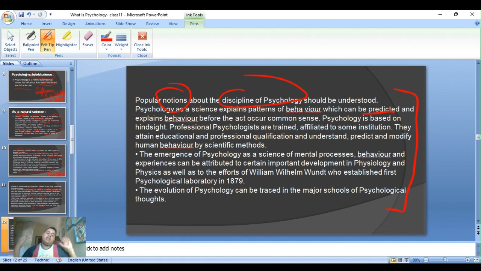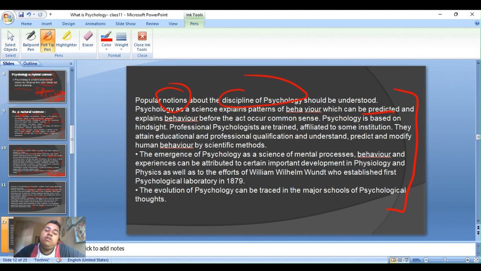Explain behavior before the act, मतलब बिहेवियर पर एक्ट करने से पहले लोग समझ जाएंगे कि कैसा बिहेवियर है, अगर ऐसे साइंस हम पढ़े. It's a pattern of behavior which can be predicted, right? और जो प्रोफेशनल साइकोलॉजिस्ट हैं, they're trained and they're affiliated to some institution, and understand, predict, and modify human behavior by scientific methods.